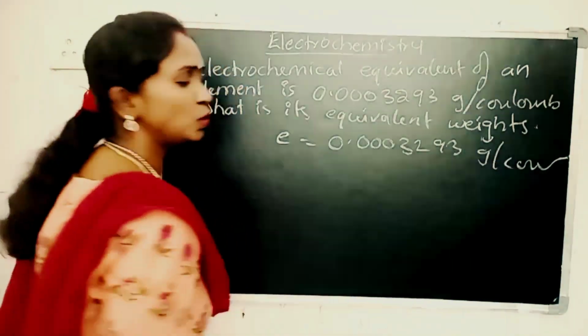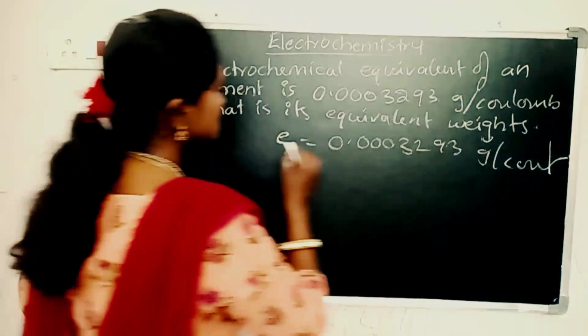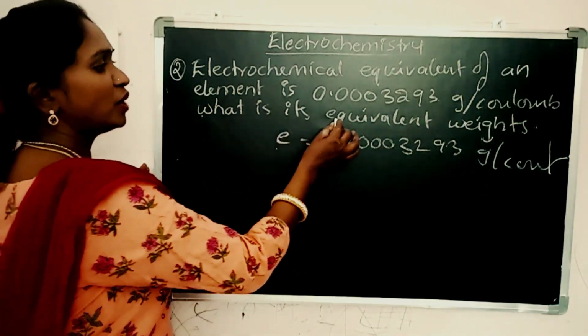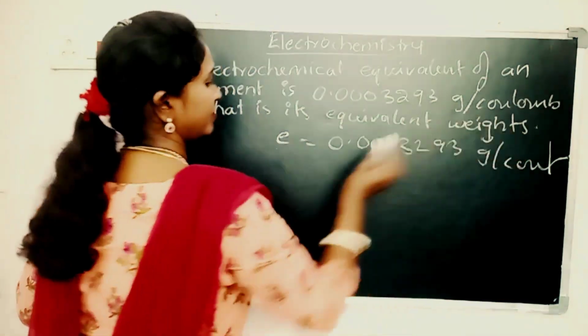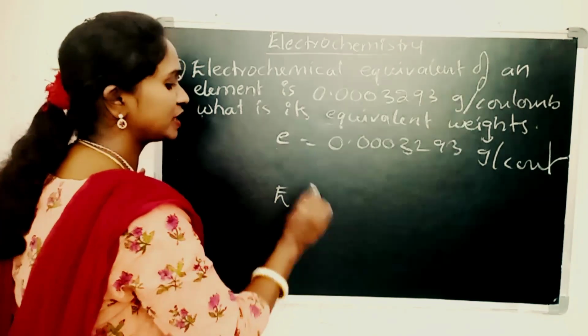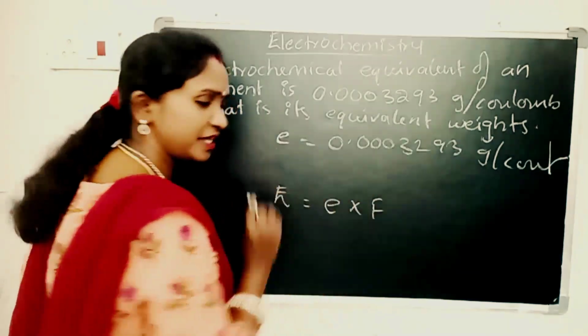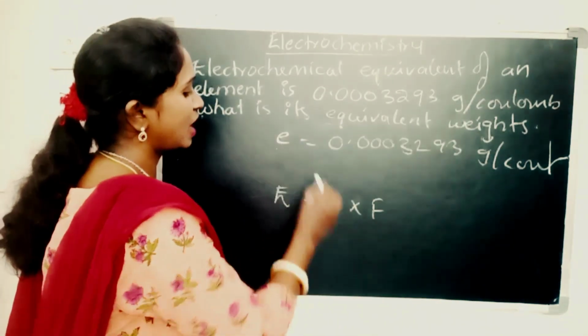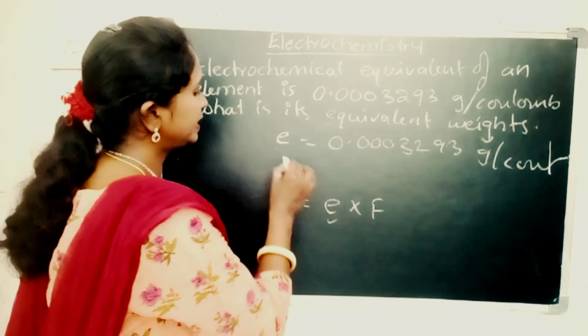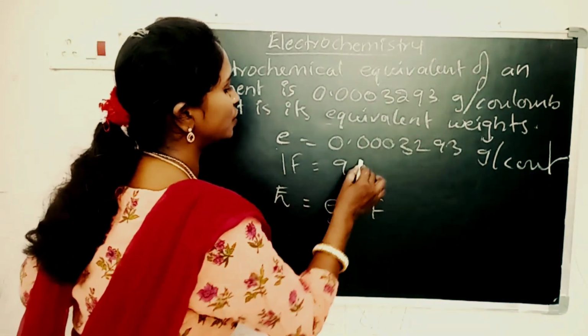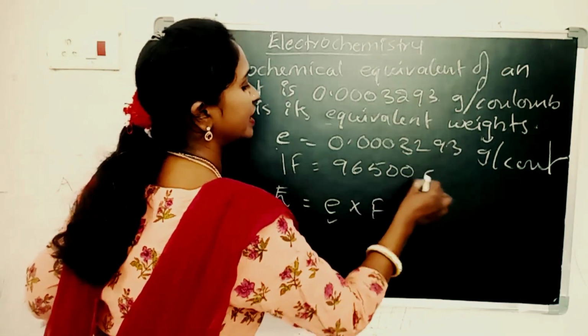This is the small e value, and we have to calculate the equivalent weight, that means capital E. So capital E equal to small e into F. Here F, 1 Faraday, equal to 96,500 coulombs.